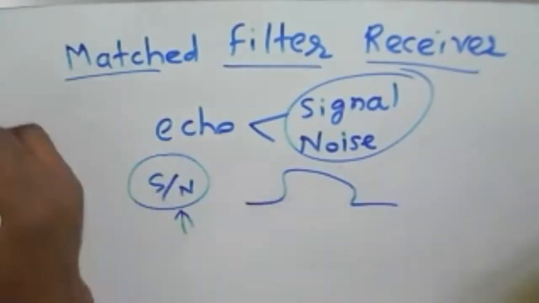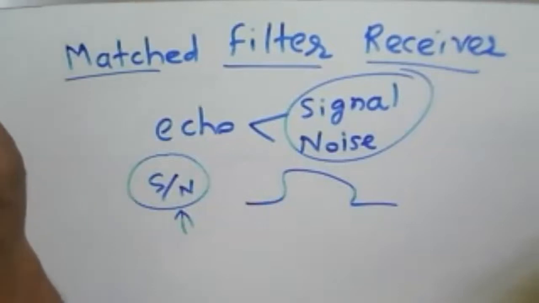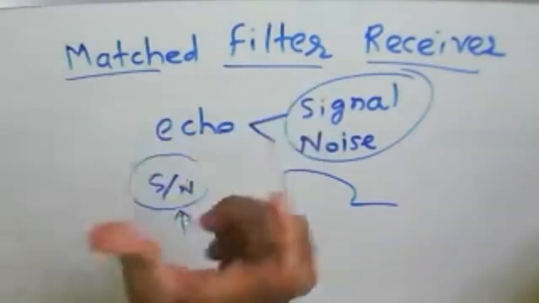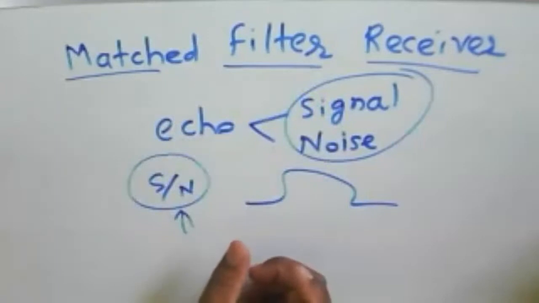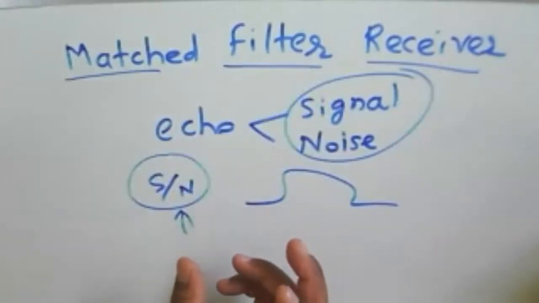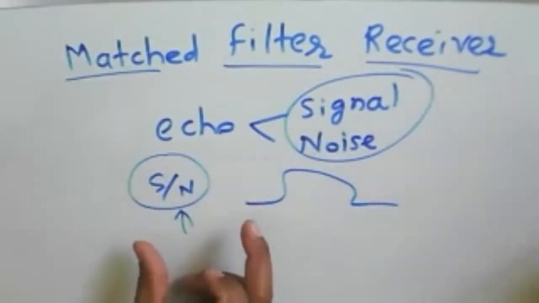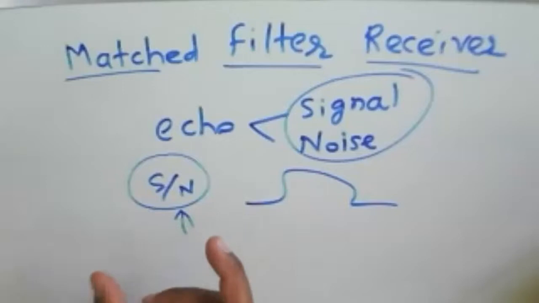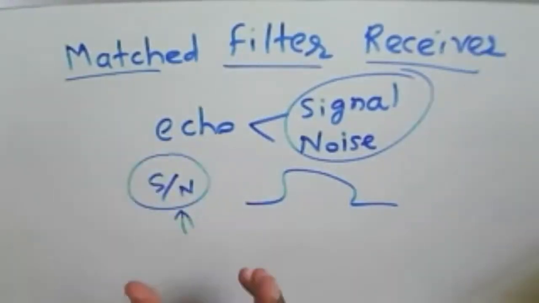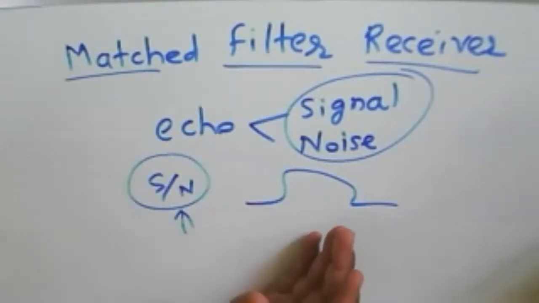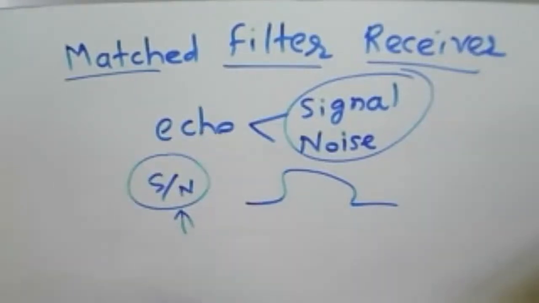Then we will see what particular component, what particular network or filter will be used as a frequency response function, and that will increase the signal to noise ratio. And that network is called a matched filter. Generally, given the limitations of the echo signal, it has information, and your receiver has to be highly sensitive.